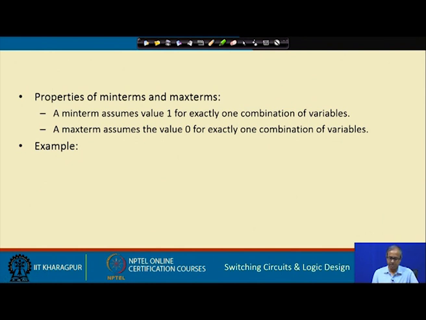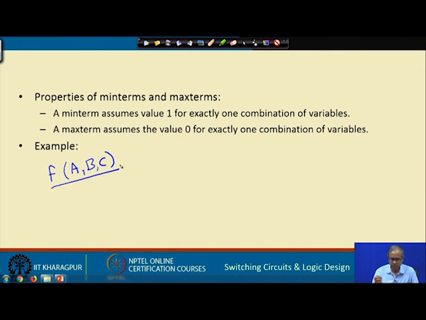Some properties of min terms and max terms are: a min term will assume the value 1 for exactly one combination of variables, and a max term assumes the value 0 for exactly one combination. Let us see what we mean by this. Take an example, a function of 3 variables a, b, c.